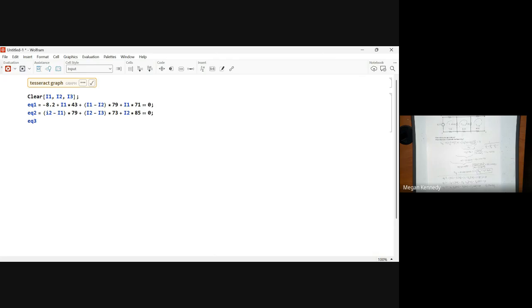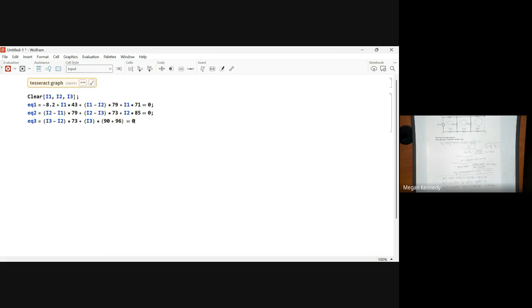Equation 3. I3 minus I2 times 3 plus row 23 times plus.